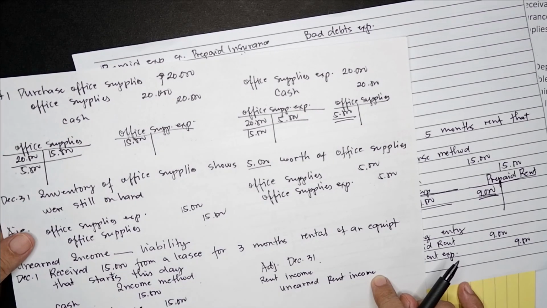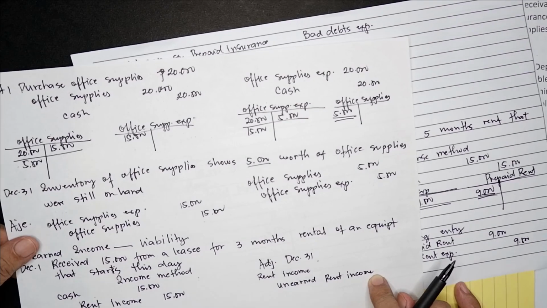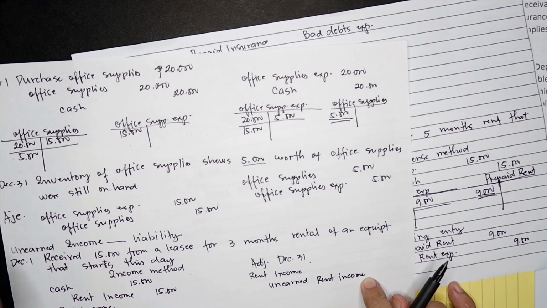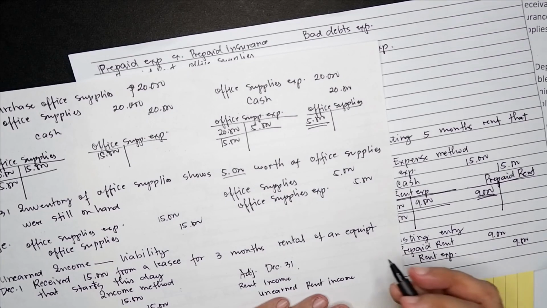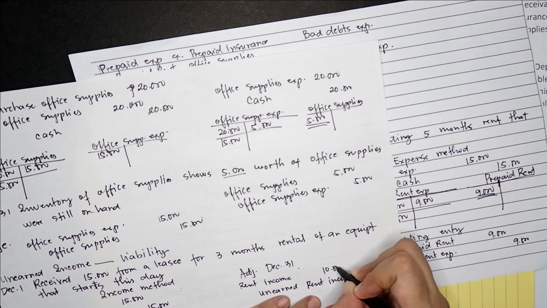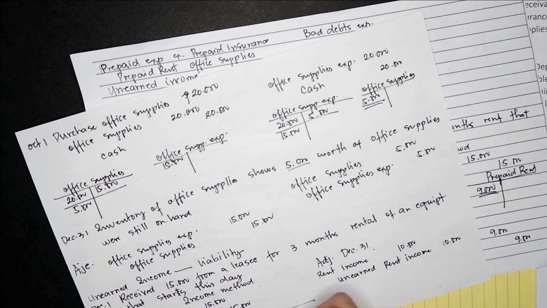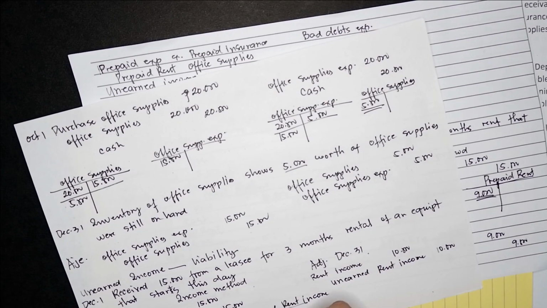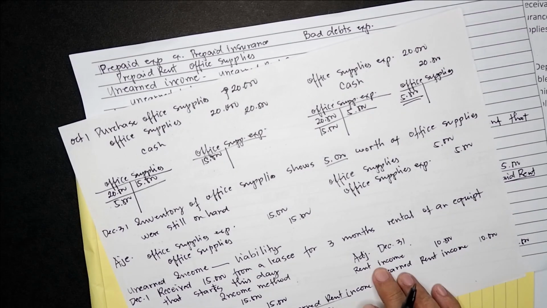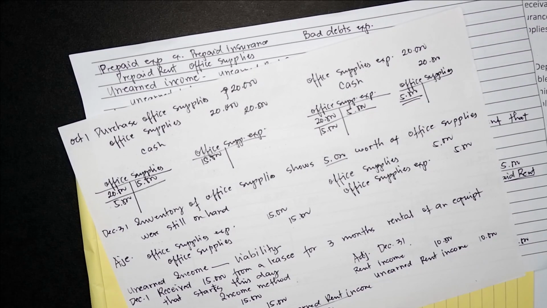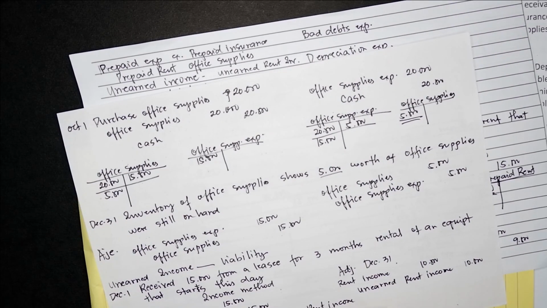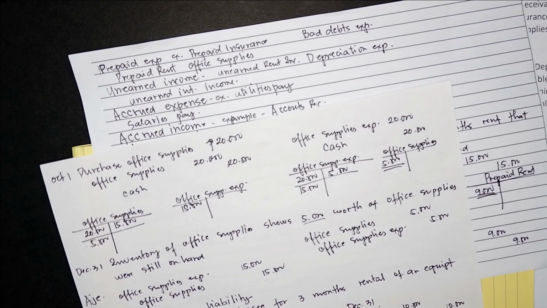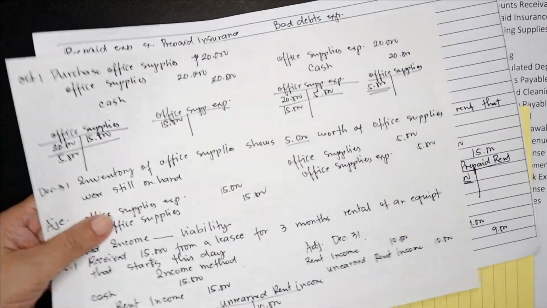At the end of December 31, we have only served 1 month and we still have 2 months of liability, and that is 10,000. So we have unearned rent income 10,000, and debit rent income 10,000. So we have only 5,000 left as rent income.